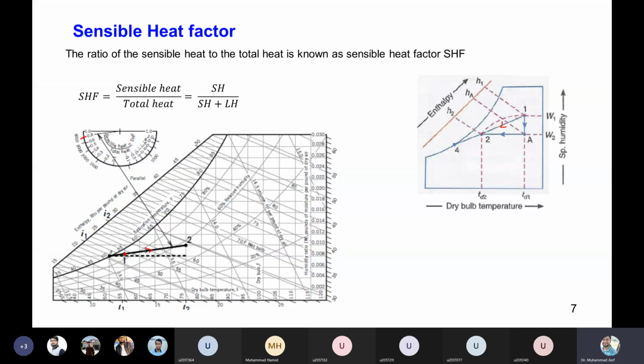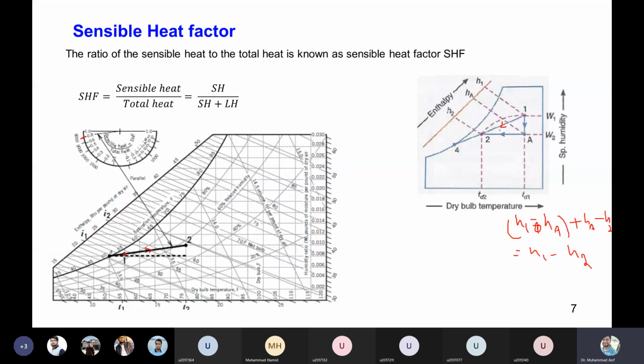But this total heat is the sum of the latent heat and the sensible heat. That means H1 minus HA is the latent part, and HA minus H2 is the sensible part. So basically this is again equal to H1 minus H2. So the total heat is the sum of the latent heat plus the sensible heat.